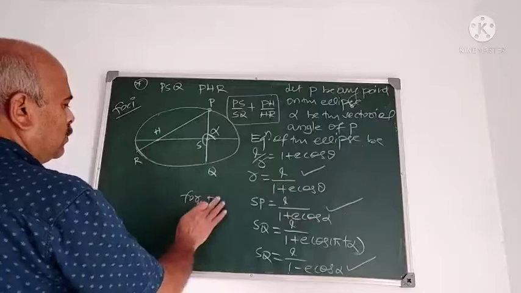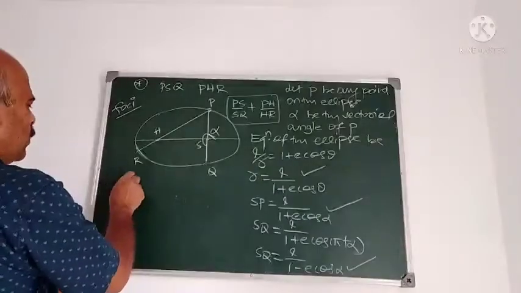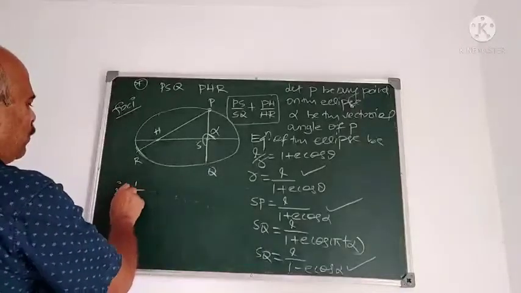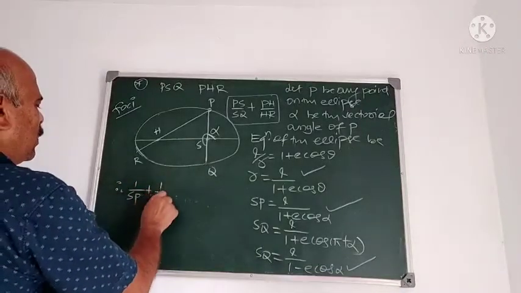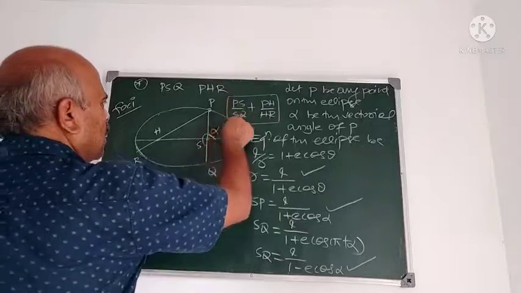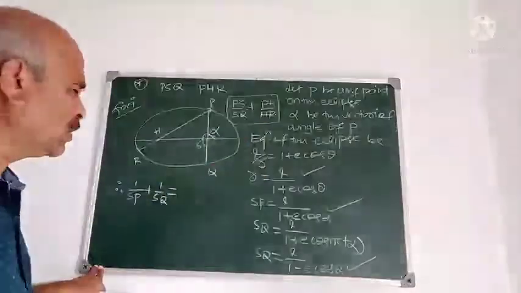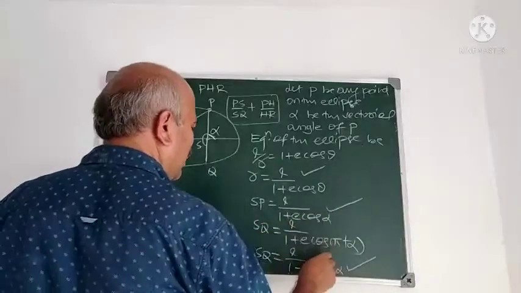Now therefore, what do we have to prove? PS by SQ plus PH by HR is independent of P, that is constant. Now we have obtained SP and SQ.